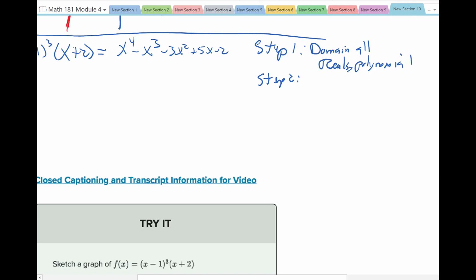We're going to find the intercepts. Okay, so the y-intercept is at x equals 0, so f of 0 equals -2. You can see that there. So y-intercept is at 0, -2.